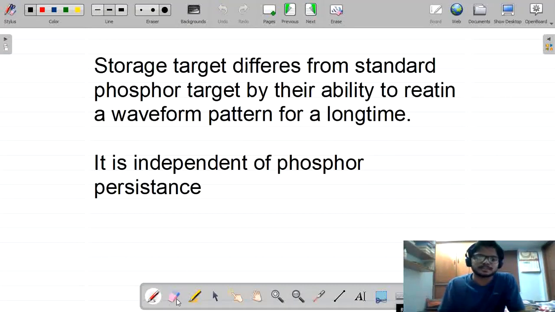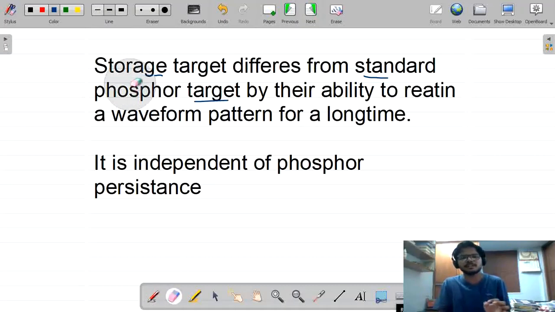The first main thing is that the storage target differs from the standard phosphor target by its ability to retain the waveform pattern. Before going into this, we will understand what a storage target and a standard target are.